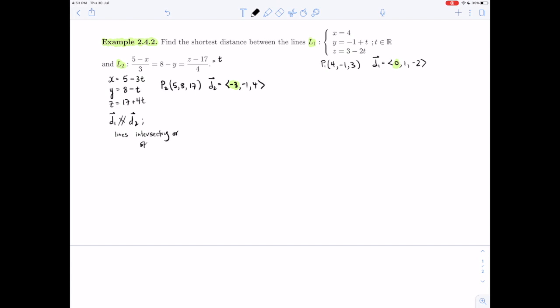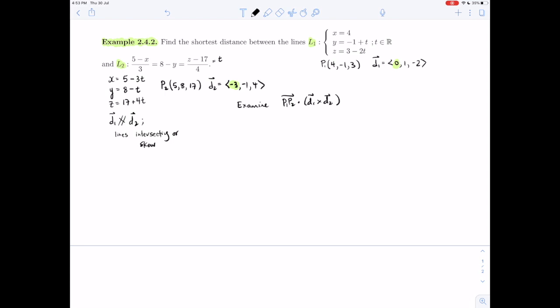So to go further, we need to decide whether they are intersecting or skew, which means that, if we remember from our relative positions toolbox, we are going to examine the triple scalar product P1P2 dotted with D1 cross D2.